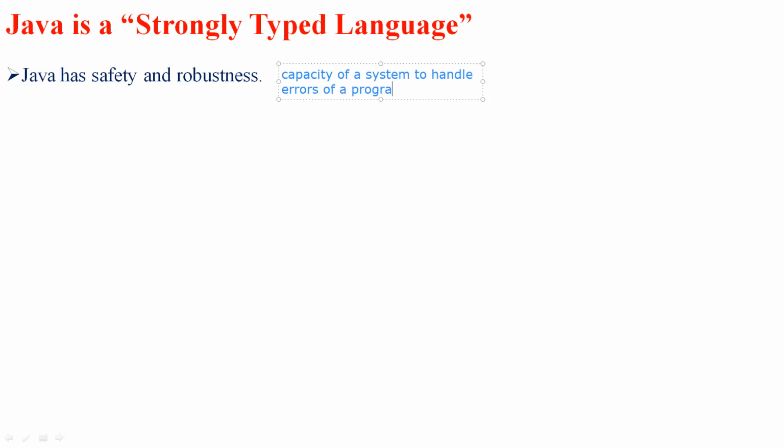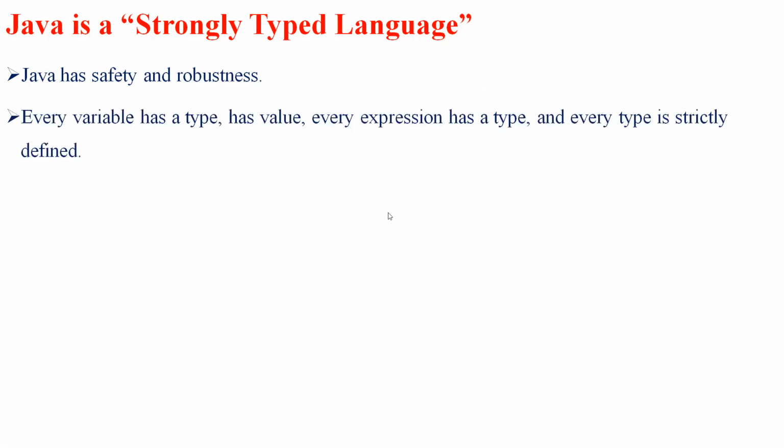So with robustness, it has a major capacity for handling errors. It will utilize strong memory management in order to overcome errors. So we call Java very safe and also a robust one.